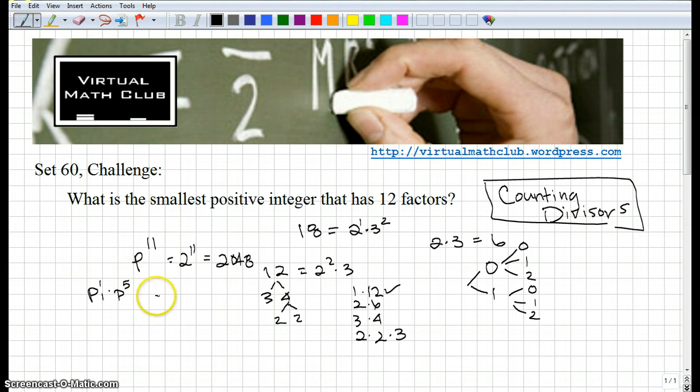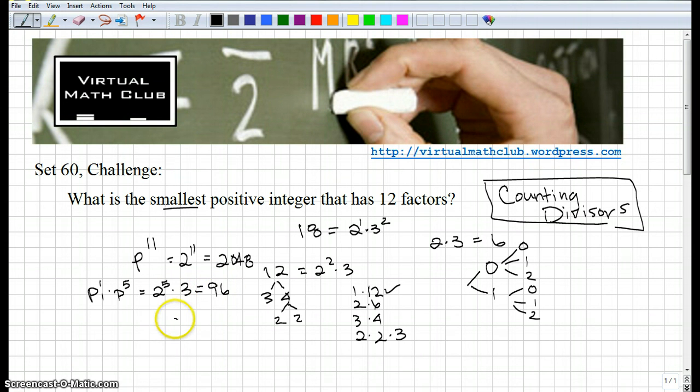The smallest prime is 2. Let's make the 2 the one that's to the 5th, so 2 to the 5th, because if I make that 3, that's going to be obviously bigger, and we're looking for the smallest positive integer. So 2 to the 5th times 3 is equal to 32 times 3, which is 96.